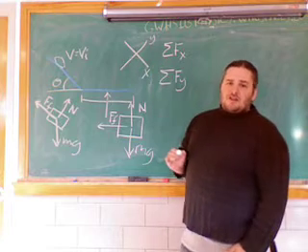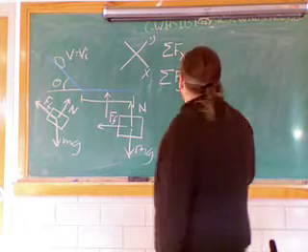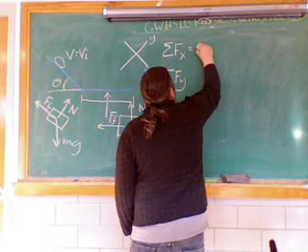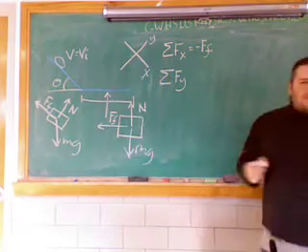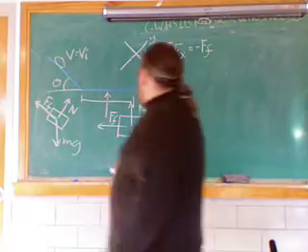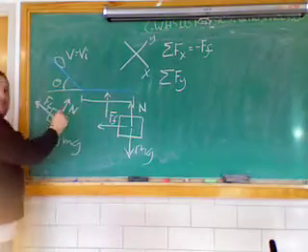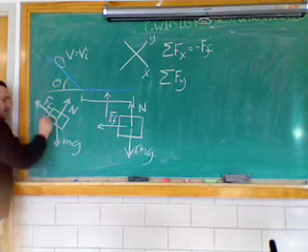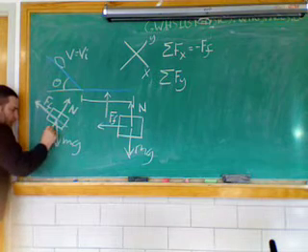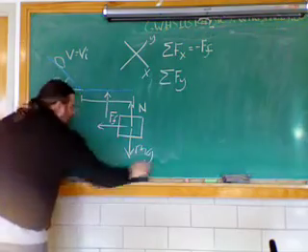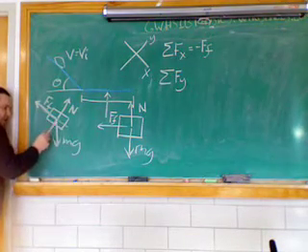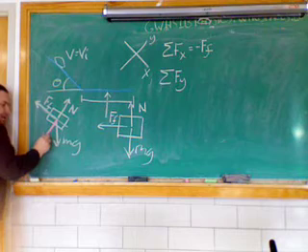But that's not the only force in the system. If I were to superimpose that coordinate system, you can see that a portion of my weight, let me use a different colored chalk, a portion of my weight is in this direction, and a portion of my weight is in this direction. Okay? So there's a portion of my weight that's down the x-axis.